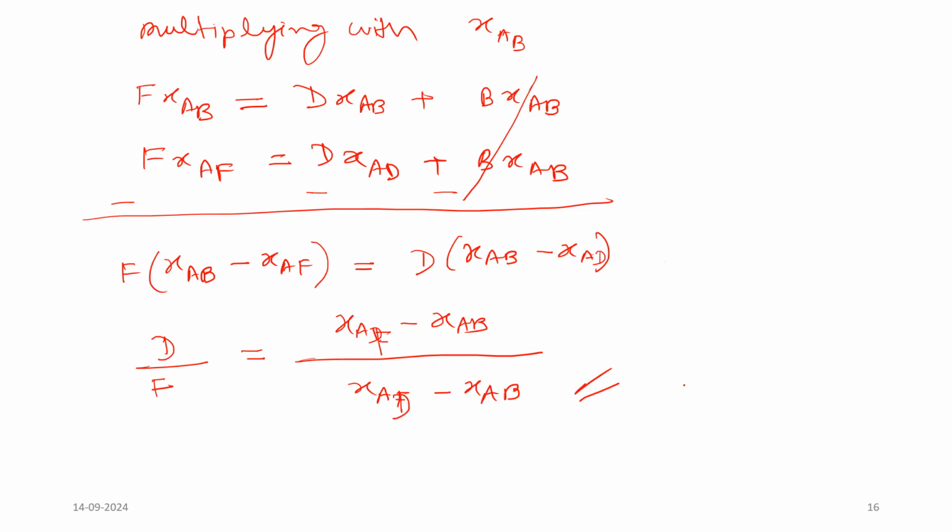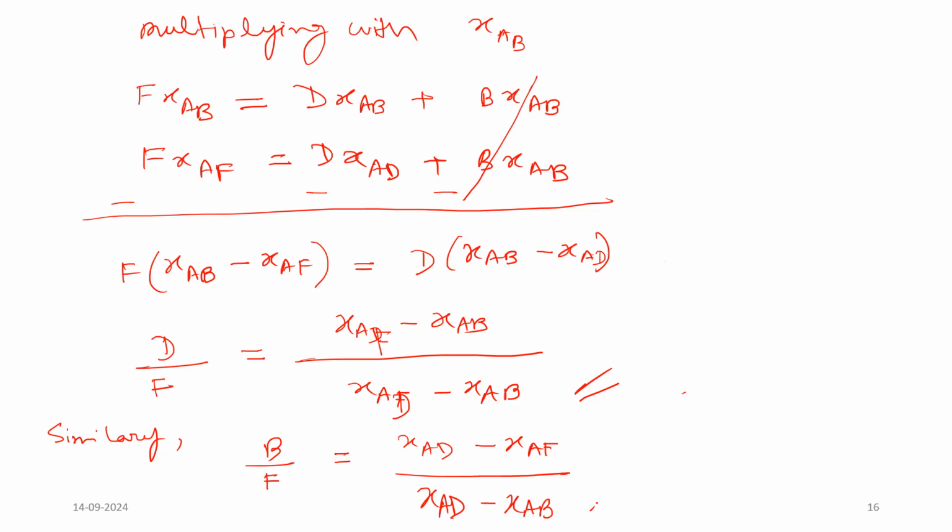This is the ratio of overflow versus feed. And similarly, if we want to remove D, then we will get B by F, that is the underflow versus feed ratio. That will be XAD minus XAF divided by XAD minus XAB. You can calculate it by yourself also.